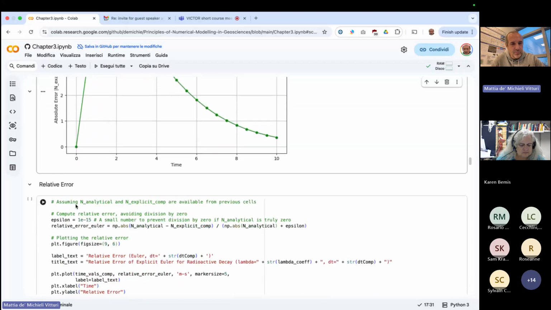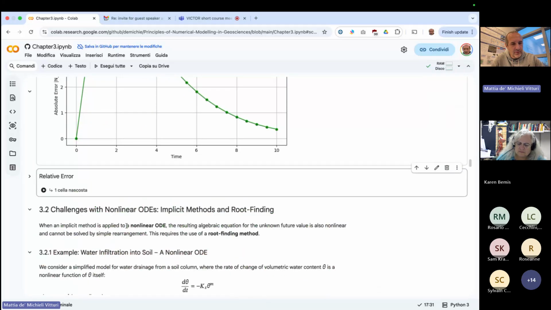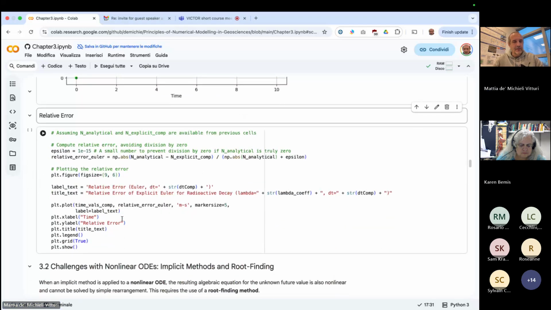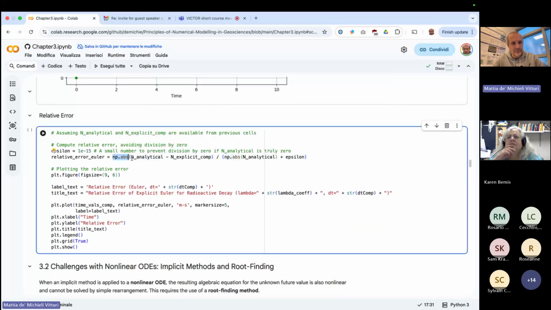So let's plot what is called the relative error, which is given by the absolute value of the difference divided by the real solution. You can see here that we are not just dividing by the real solution, but we are adding this epsilon, which is a very small quantity. Why are we doing that?